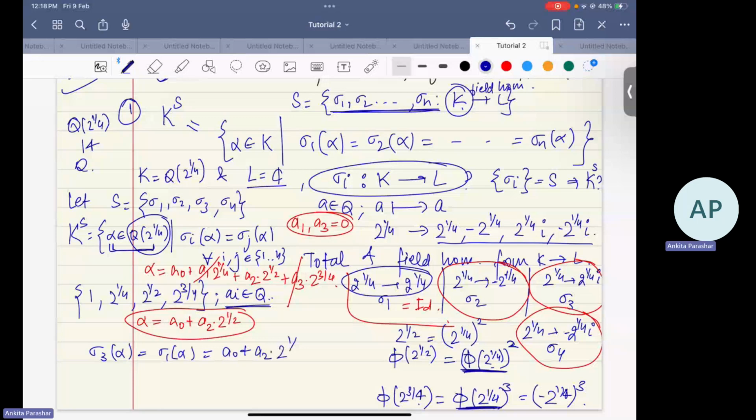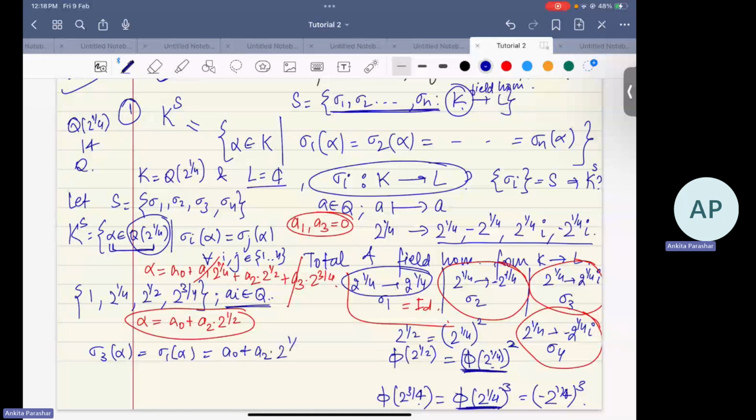What are all possible automorphisms of this K? Notice we want to define sigma from Q(root 2, i) to Q(root 2, i). Automorphisms, you have to make this field. The question is, where does root 2 go? Where does i go? Q anyway is fixed, we know that.